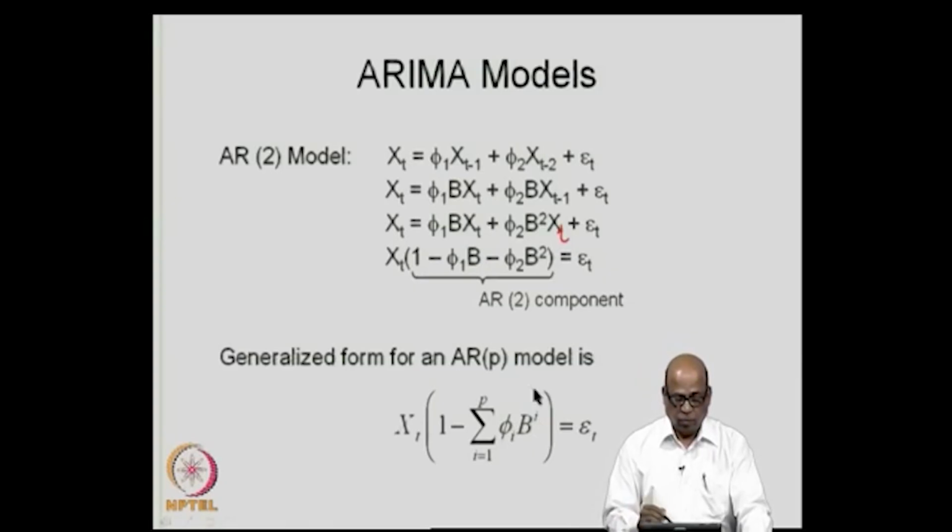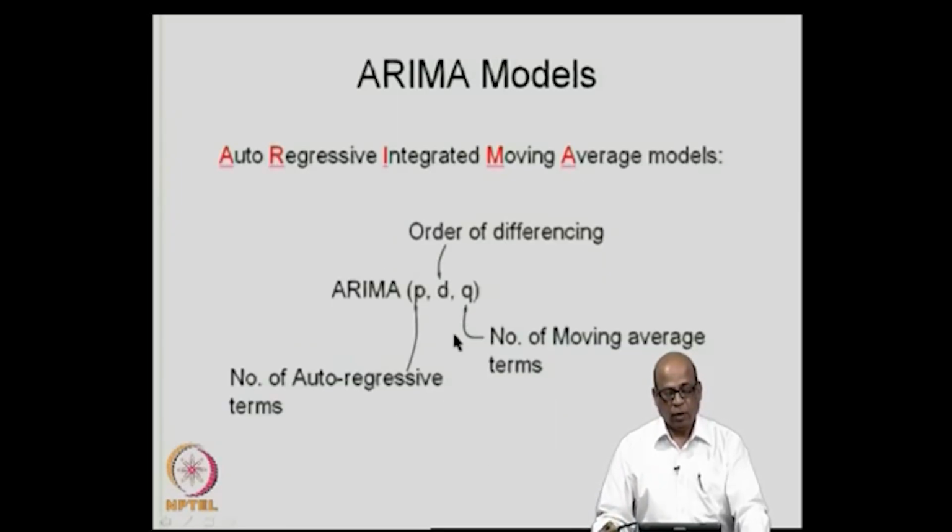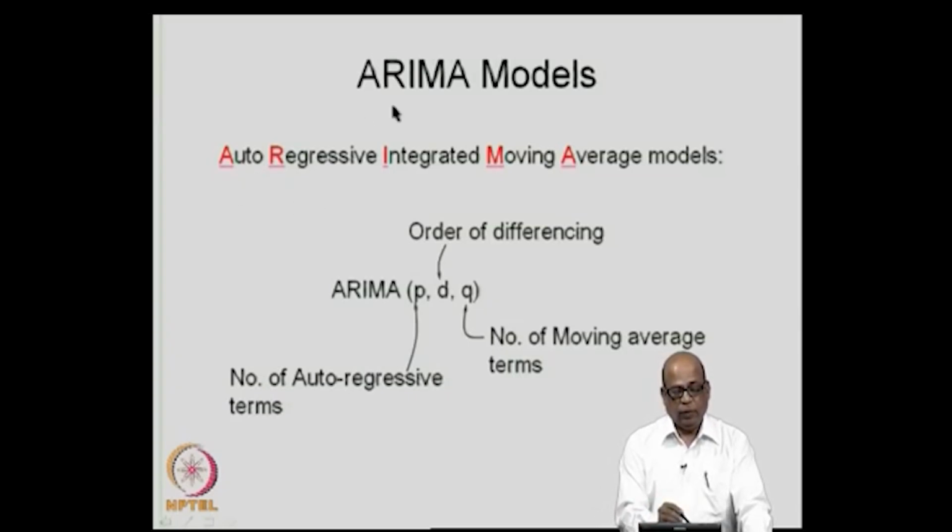So, anytime you see the models expressed like this, you immediately must relate it with AR models, and the order of the AR model is given by how many terms you have in this. So, there are p terms here for an AR P model. Now, recall that we said autoregressive integrated moving average models.